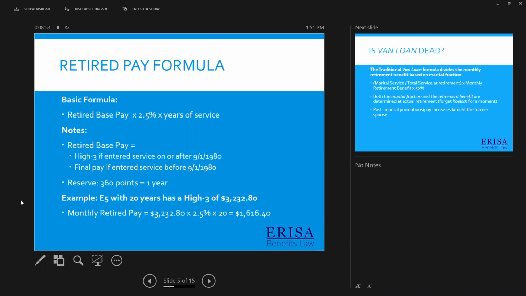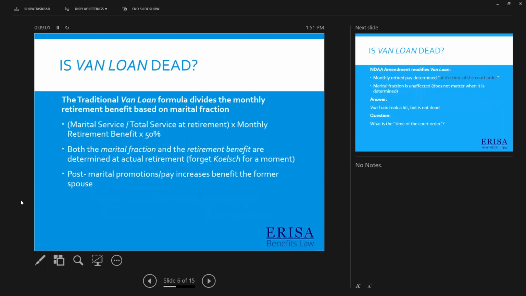So the question we're addressing is Van Loan debt. So the traditional Van Loan formula divides monthly retirement benefits based on a marital fraction. And the marital fraction is the service accrued during marriage divided by the total service at retirement. And then you're multiplying that by the monthly retirement benefit that is received at retirement, and then giving half of that fraction.